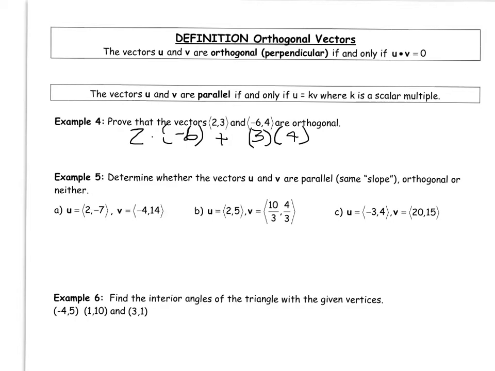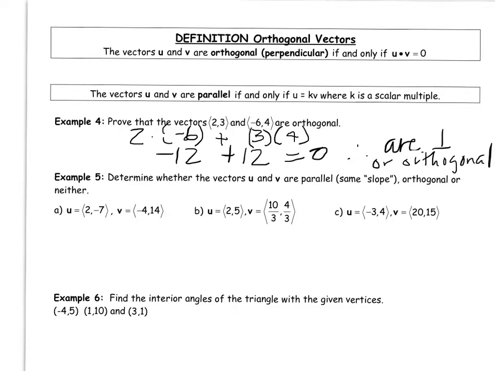Well, 2 times negative 6 is negative 12, plus 3 times 4 is 12, so their dot product is 0. Therefore, these two vectors are perpendicular, or orthogonal. It's a lot easier to write perpendicular, but orthogonal.